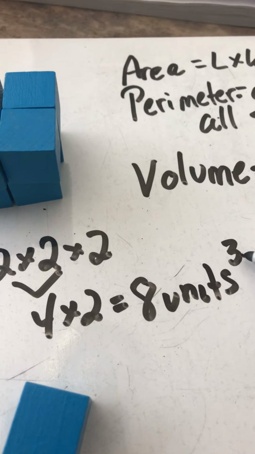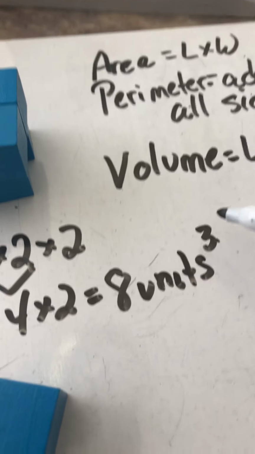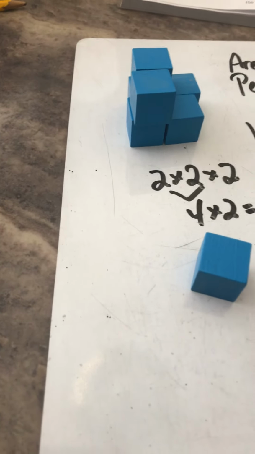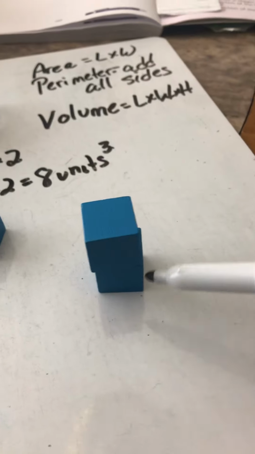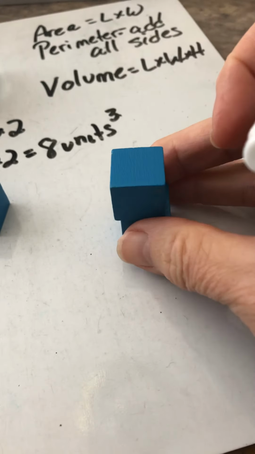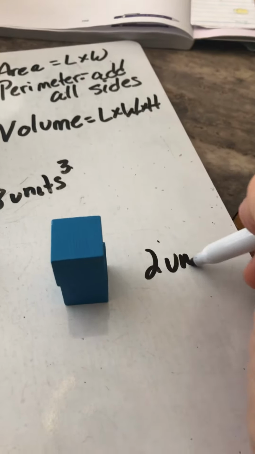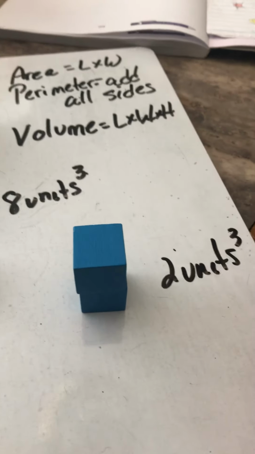Okay? So let's talk about volume of something. Say I have these blocks right here, and this is making a figure. What would the volume of this be? Well, it would be 2 units cubed. Okay?